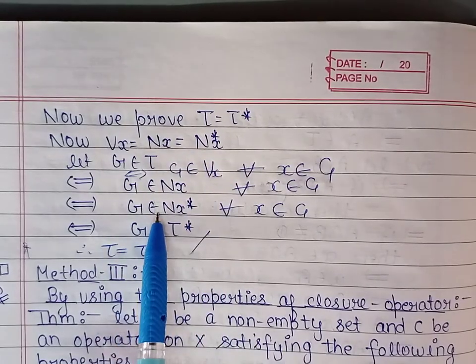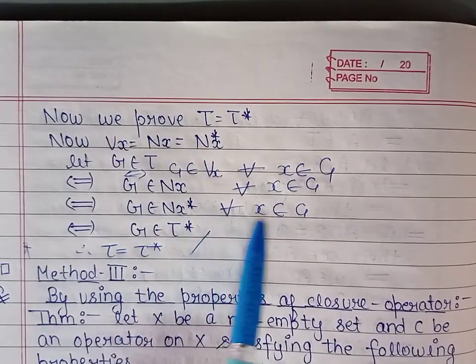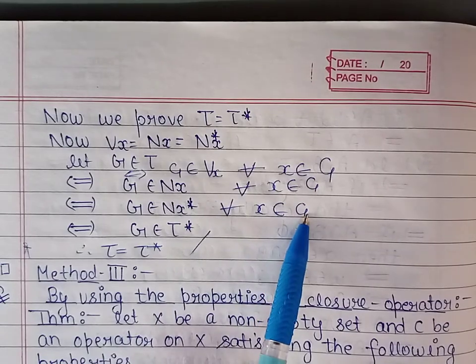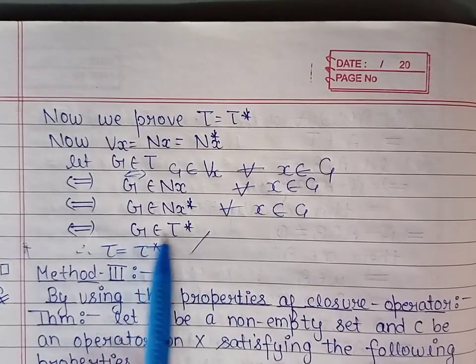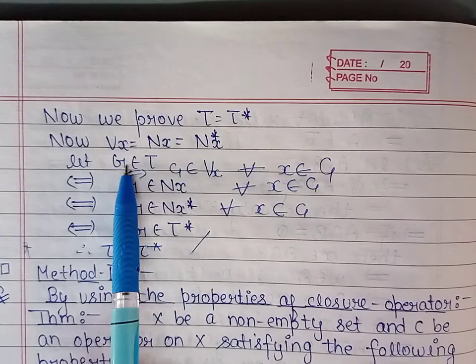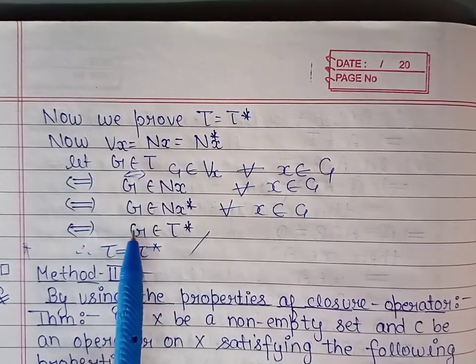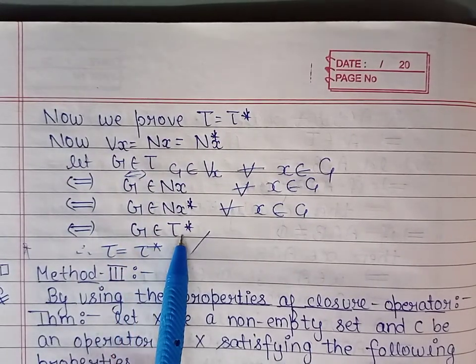So G belongs to Nx star for every X belonging to G. So by definition, G belongs to tau star. So G belongs to tau implies that G belongs to tau star. So this proves that tau is contained in tau star.